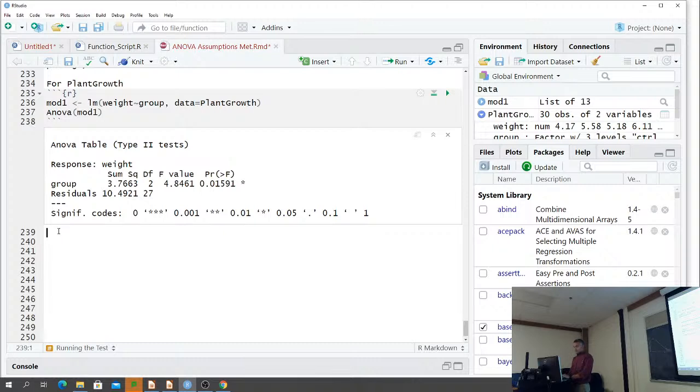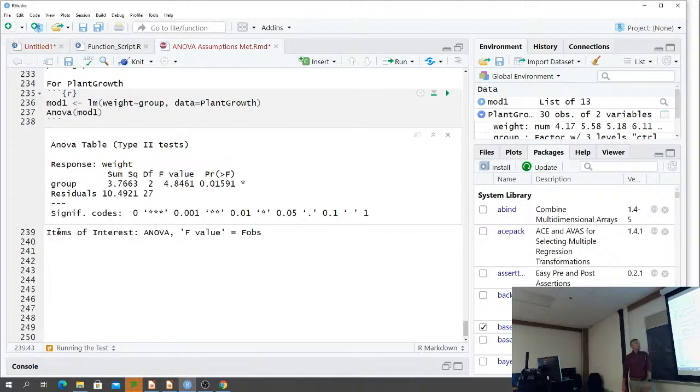So, items of interest. Anova is what we ran. We have the F value, which is our F observed value. So Anova is just right up at the top.